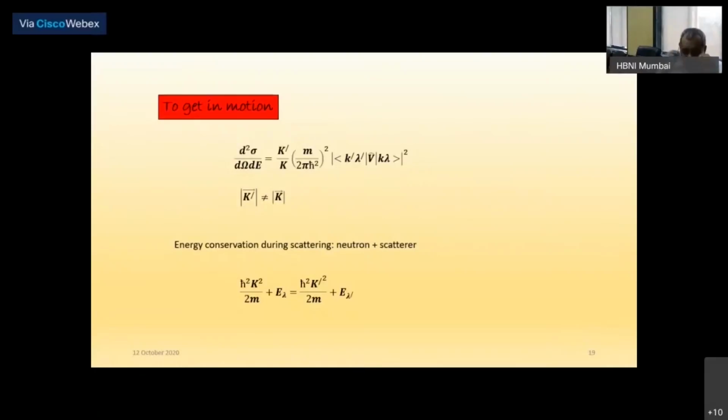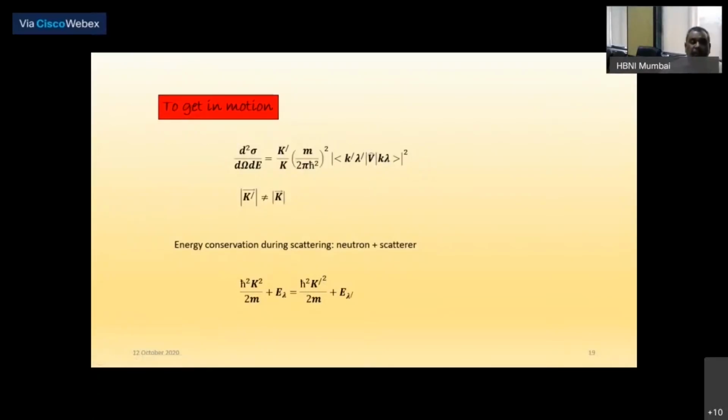See, there's a master formula. If you remember, this is what I showed you: we did the Fermi golden rule and the Born approximation, where an initial state k lambda goes to a final state k prime lambda prime under the effect of a potential V, which is an operator.